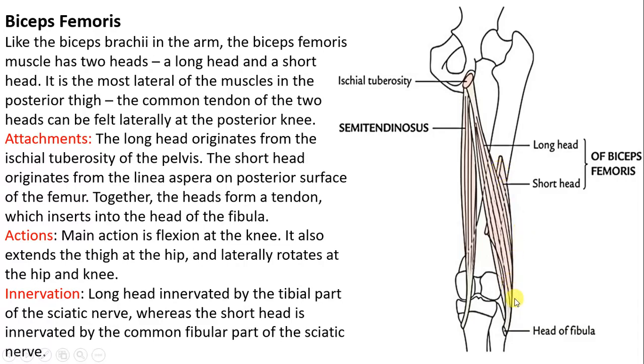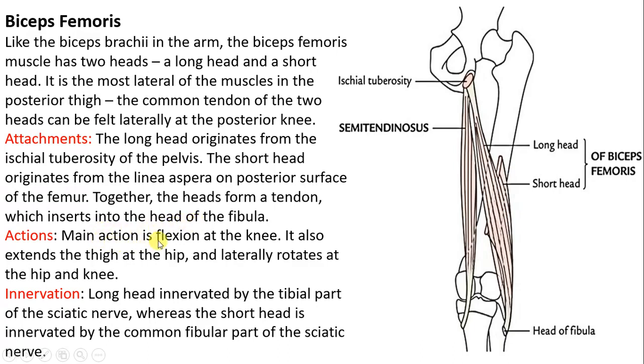Both heads unite together and are inserted into the head of the fibula. So the attachment is from the ischial tuberosity, and the short head from the linea aspera on the posterior surface of the femur, and they are inserted into the head of the fibula.